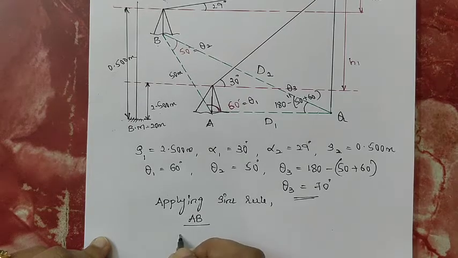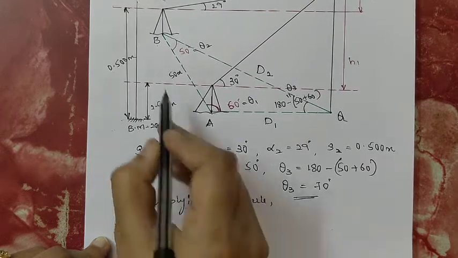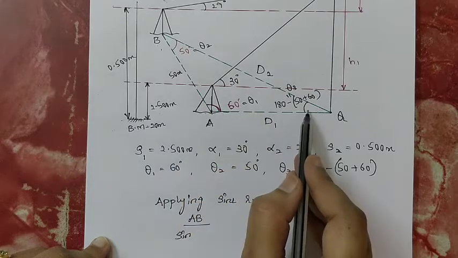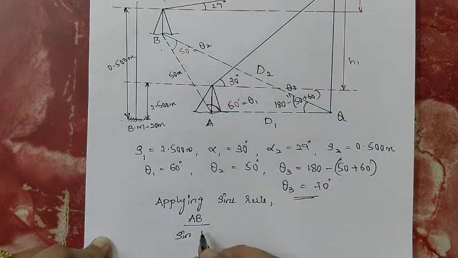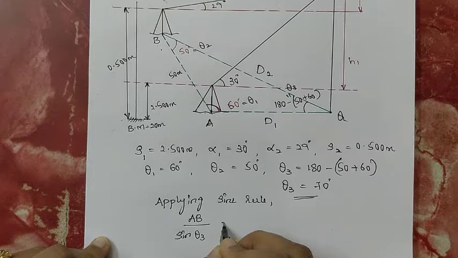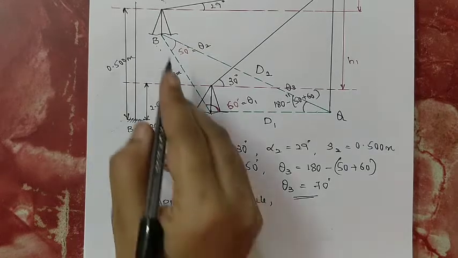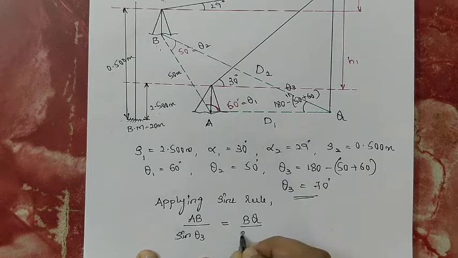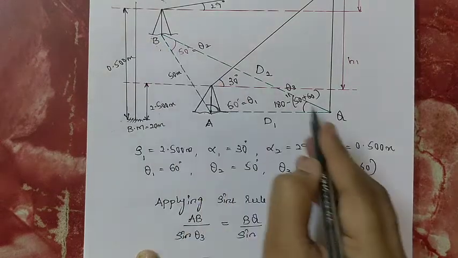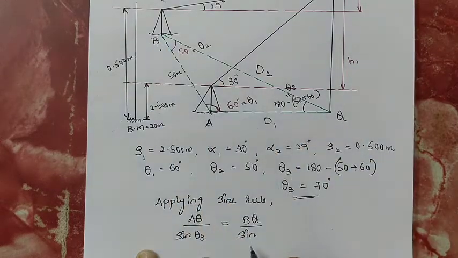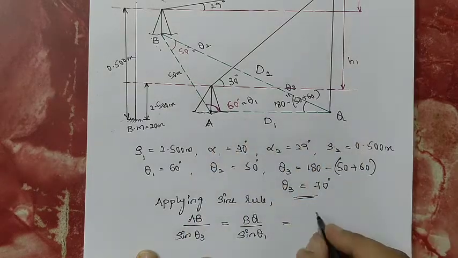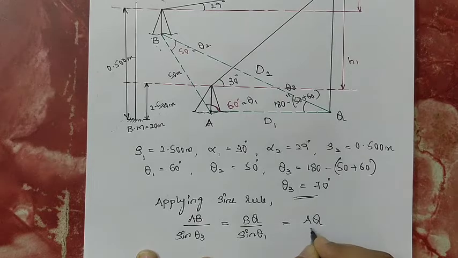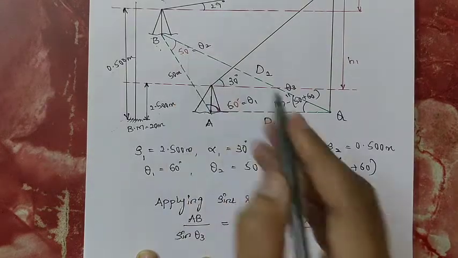AB divided by sine of the opposite angle, which is theta 3, will be equal to another side BQ divided by sine of the opposite angle, theta 1, will be equal to the AQ side, for which the opposite angle is theta 2.